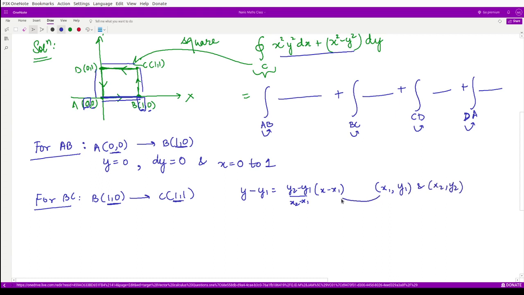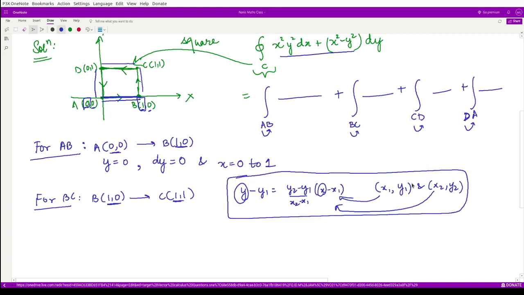Here x and y are variable quantities. This is the formula we already know from the lower classes.